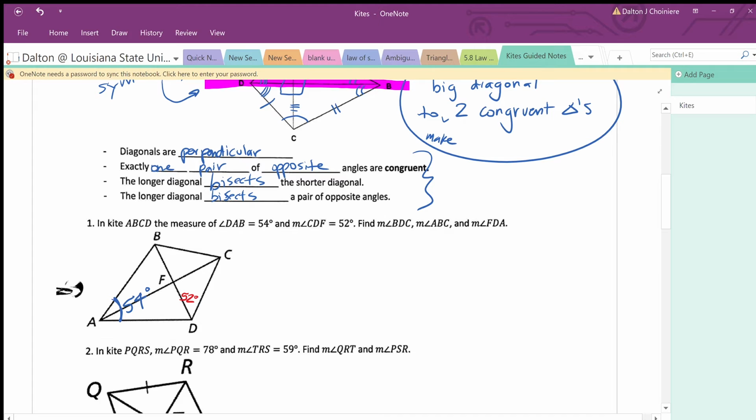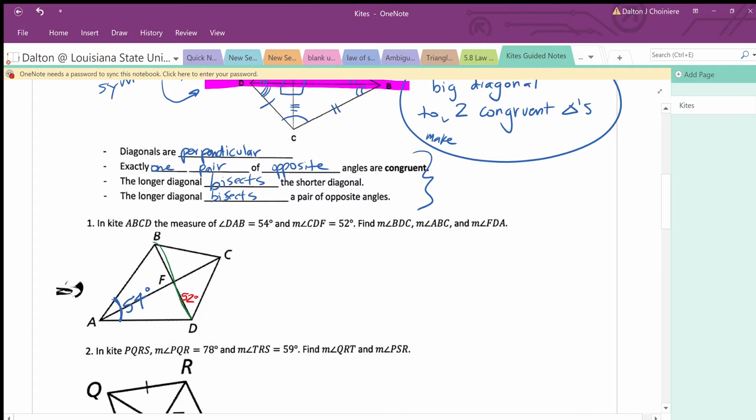The question is, find the measure of three different angles. We're going to do one at a time. The first one is, find the measure of angle BDC. Let's trace that out.